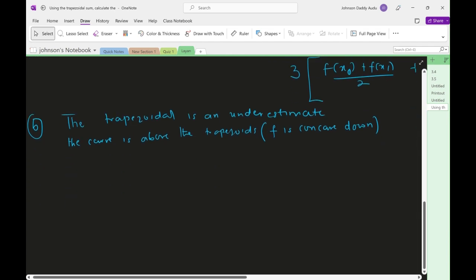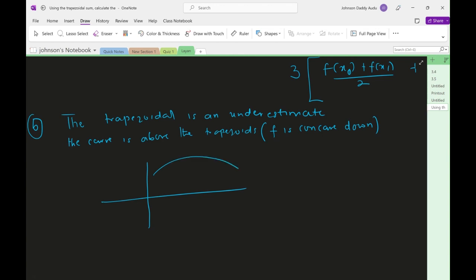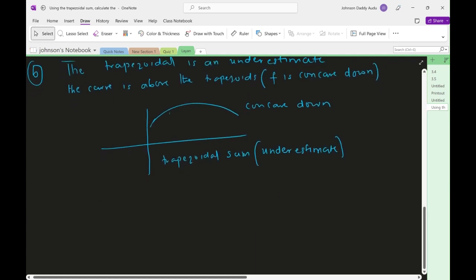So anytime you have a function that is concave down, meaning something like this, in that case, your trapezoidal sum will be an underestimate, because all the trapezoids will be below the curve, right? Okay, now this is what we mean by concave down functions.